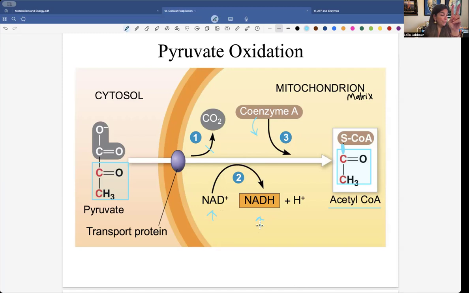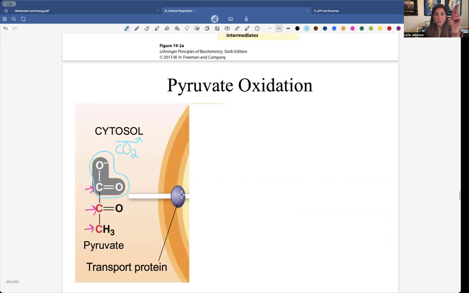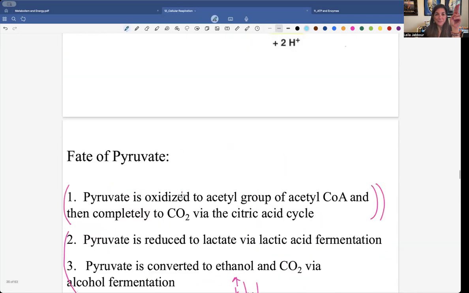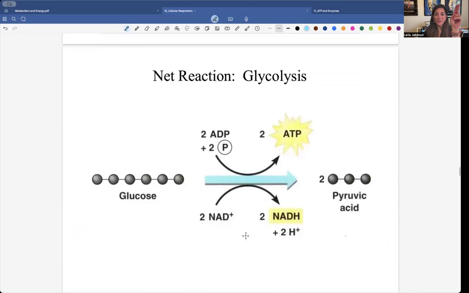Remember, we produced 2 NADH during glycolysis. I just want to remind you. Here we go, 2 NADH during glycolysis. We produced a net number of 2 ATP. We actually produced 4, but we also used 2, so in the end we only produced 2. And we produced 2 NADH.